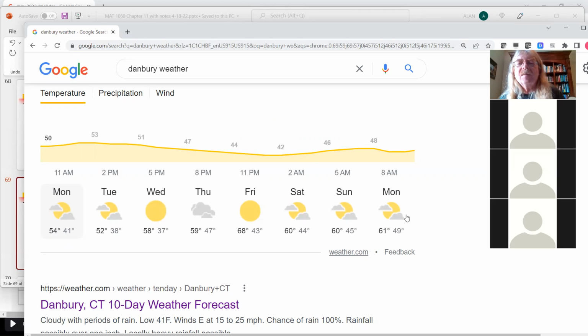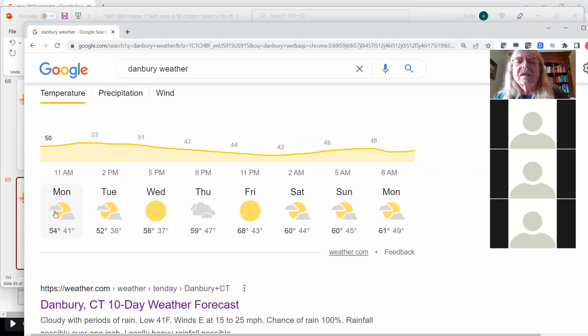And then they look out about a week or so. They're not willing to commit beyond that because the uncertainty is just too much. You can't completely depend on it, but there's a very good chance that the weather will look very similar to that. So they're using the tools of probability theory to come up with these forecasts.